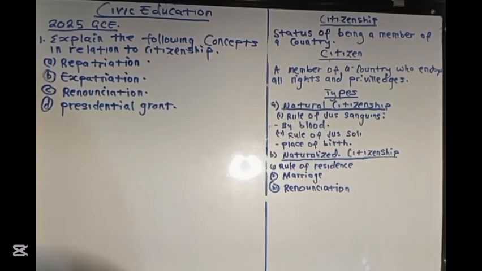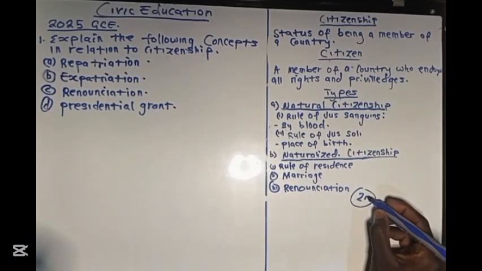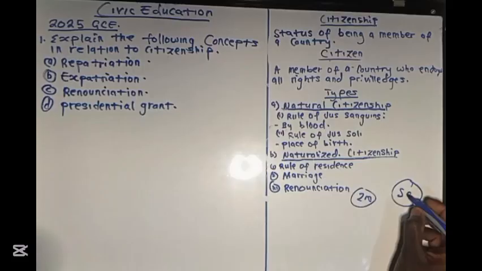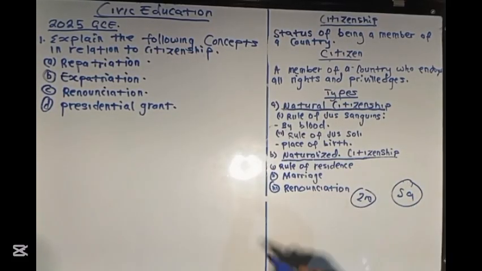Then lastly, renunciation. This is when a person gives up his previous citizenship in order to join a new country. Let's take, for example, this is Zambia, and this is South Africa. You want to become a citizen of South Africa.